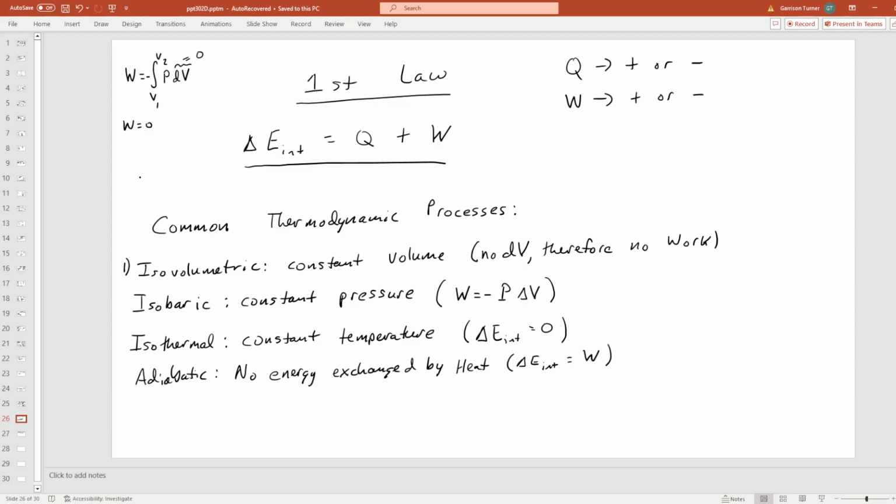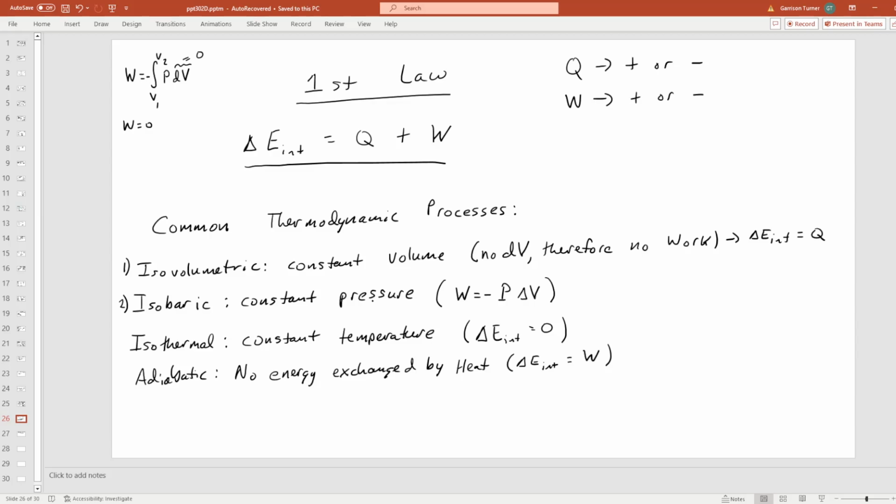So there's no work done by the system on the environment or vice versa, right? So in that case, the first law of thermodynamics reduces to simply heat transfer. Okay, if heat is gained or lost, then that will be equivalent to your change in internal energy.